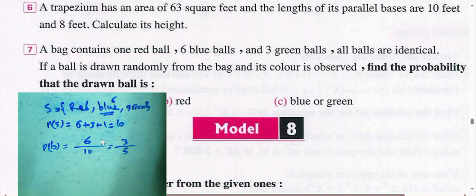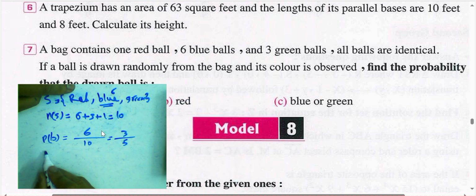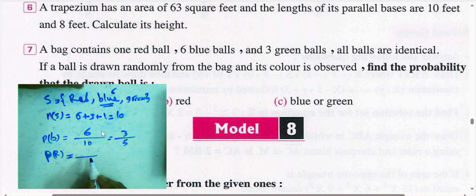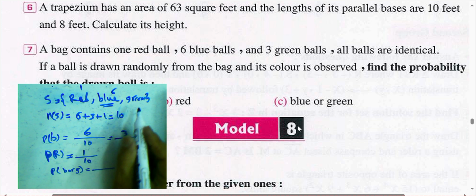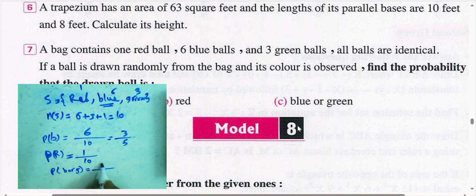And the probability of red, here one red ball over 10, and the probability of blue or green, we can write 6 plus 3 equal 9 over 10. Okay, understood? It's the last question.